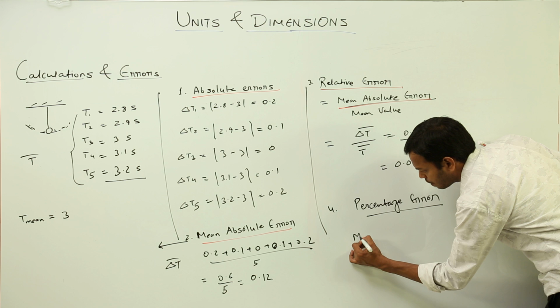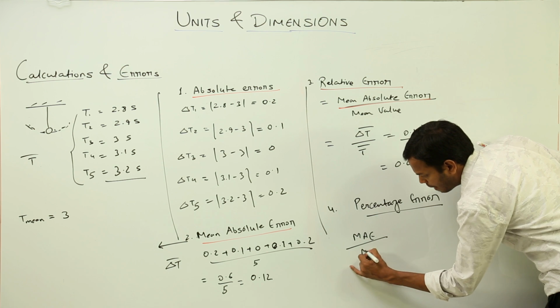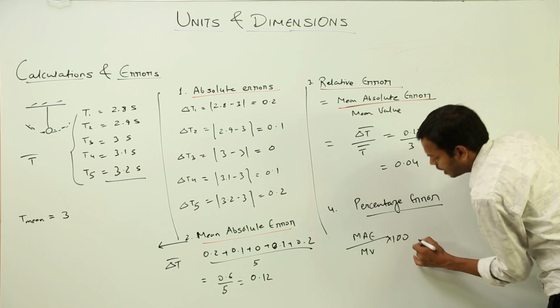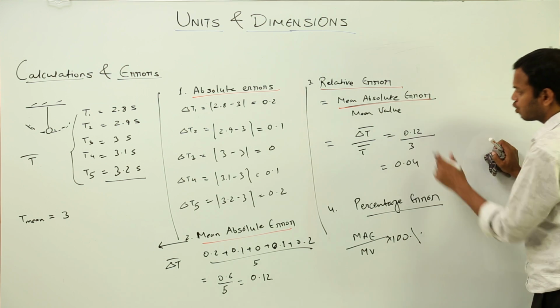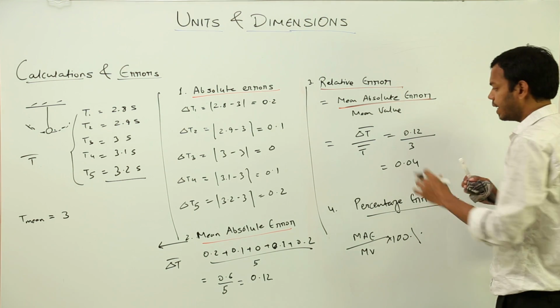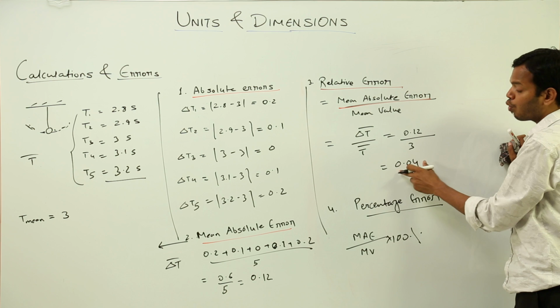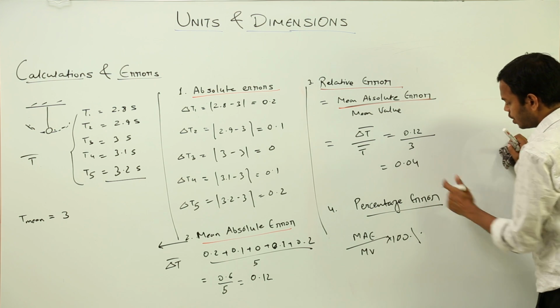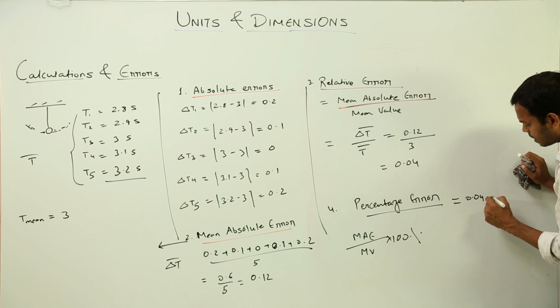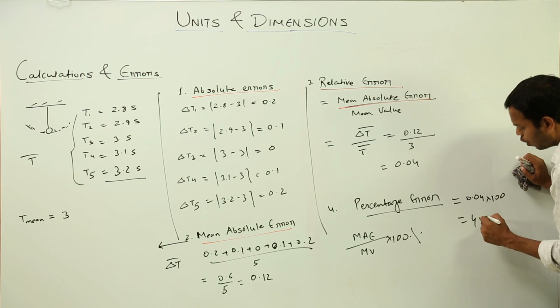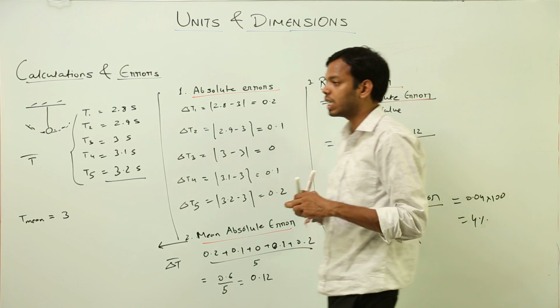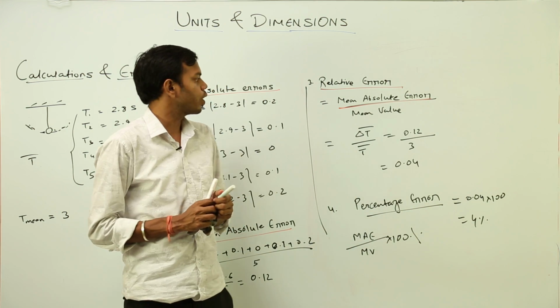So again it is mean absolute error divided by mean value times 100. In this example which we have taken, the relative error was 0.04. So 0.04 times 100 gives us 4. So 4% is the answer, which is the percentage error in the overall calculation.